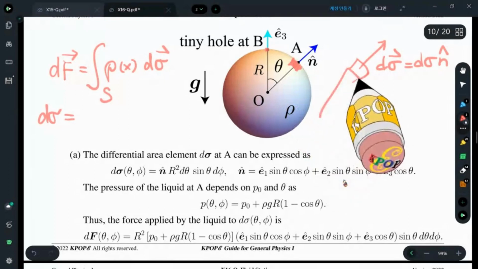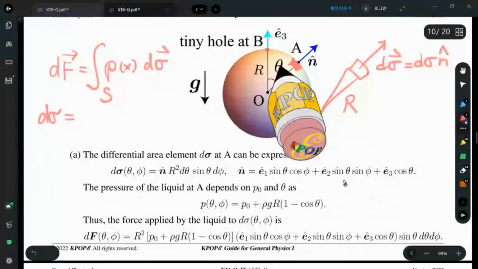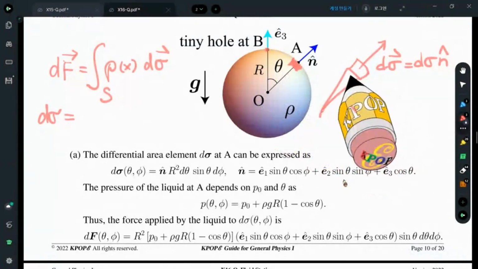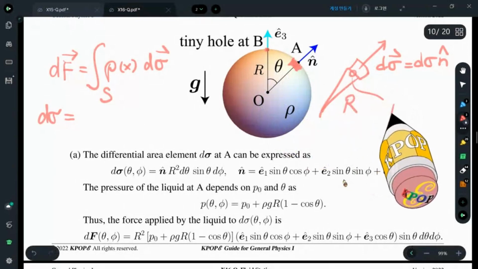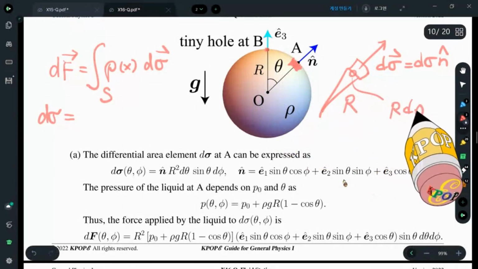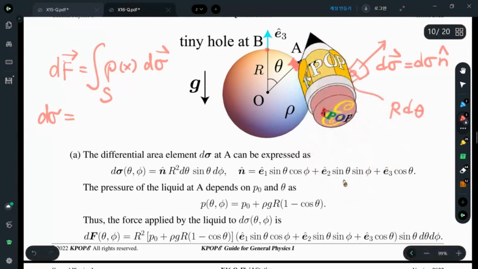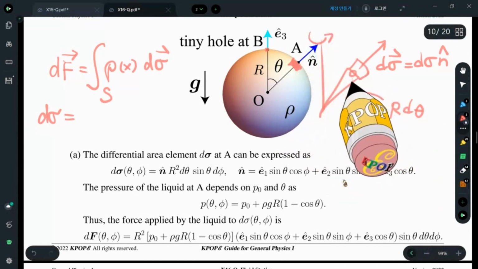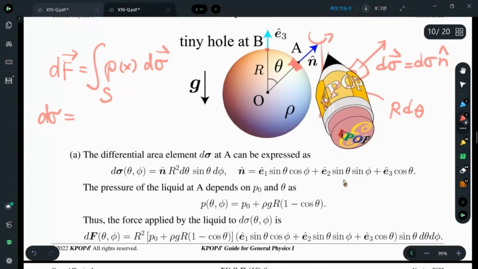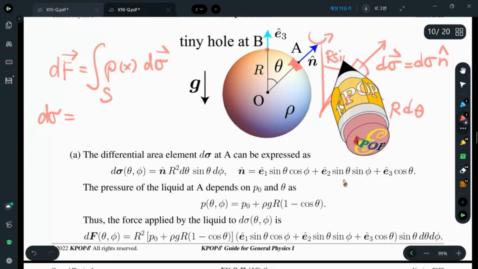This is the radius, and this is the polar angle, and this amount is r d theta. And we have azimuthal angle dependence, and this radius is r sine theta.